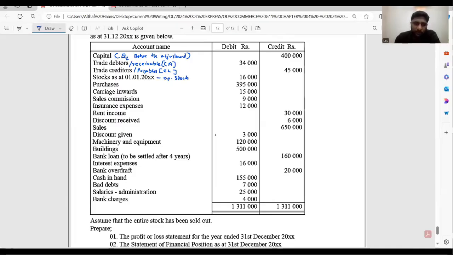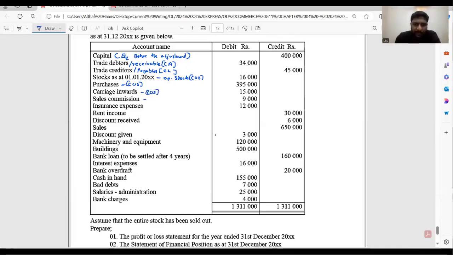Purchases is a part of cost of sales. Opening stock is a part of cost of sales. Purchases also part of cost of sales. Carriage inwards again a part of cost of sales.